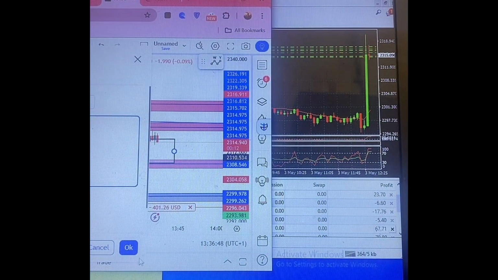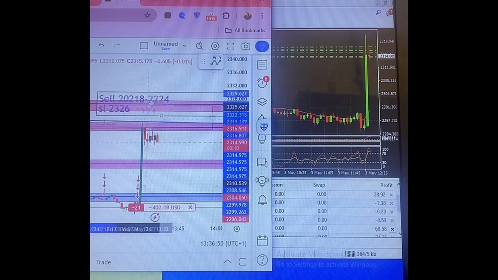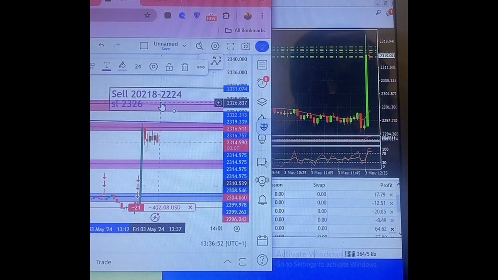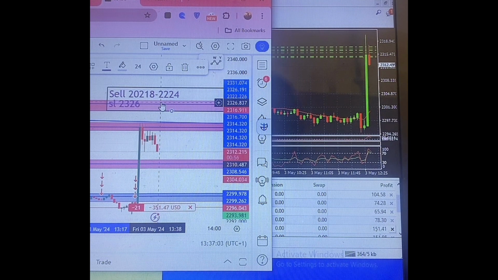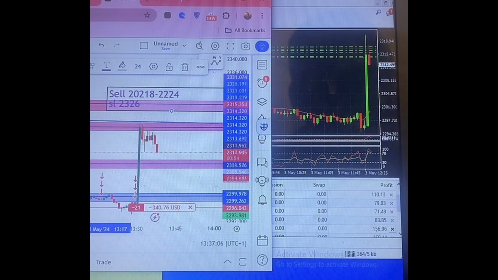I'm trying to just write it down so some of you will know where. Sorry, this is a mistake. It should be 2318 to 2324. 2326 is the stop loss. Okay, so there's no time. I'm trying to make sure.